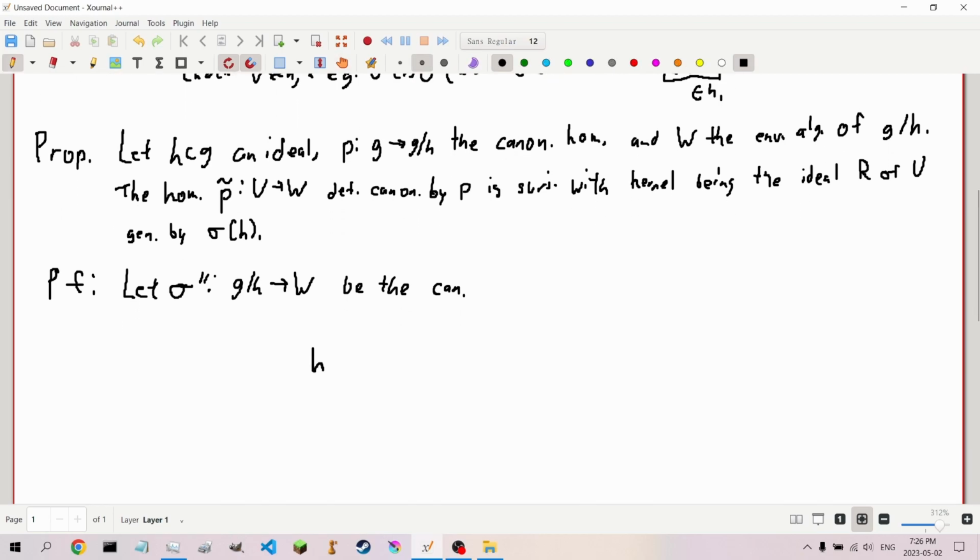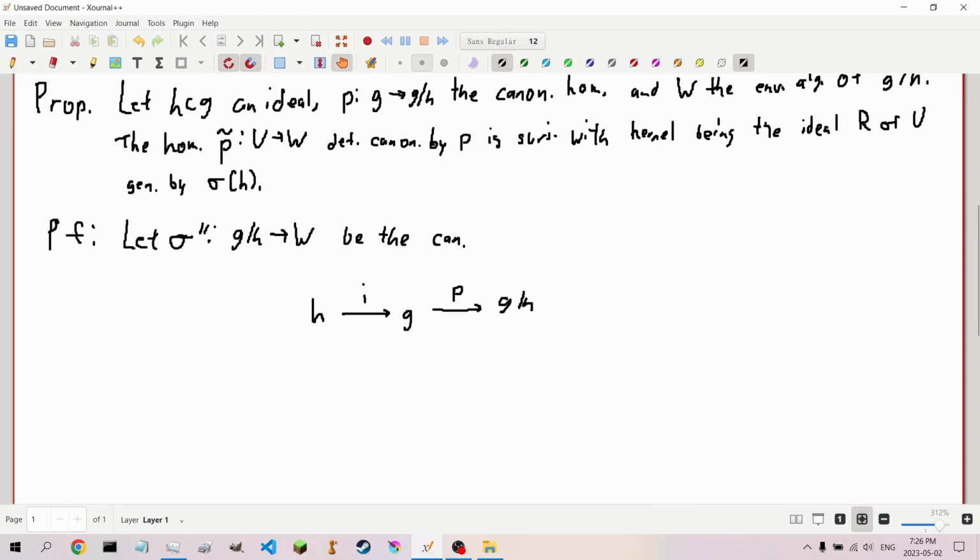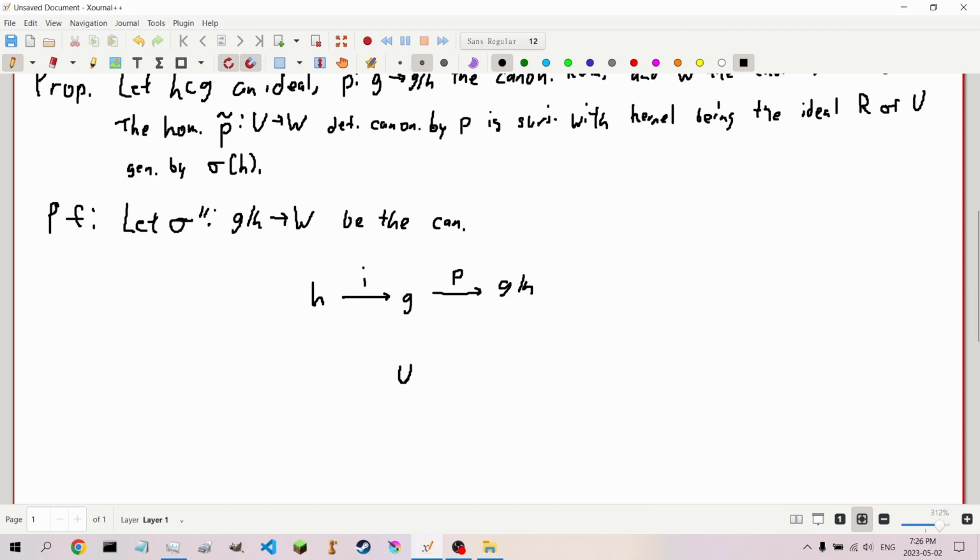We have H, the inclusion map of H into G, and then the quotient map to G over H, and we call the universal algebra of G U, and then V over here W. This canonical map is sigma. This one is sigma prime. This one is sigma double prime. This one is the generator one P tilde, and this is going to, of course, be similarly I tilde.